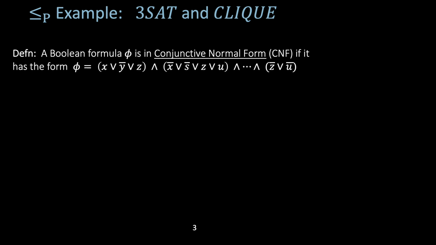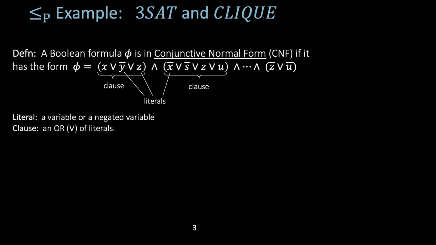So for example, phi is equal to (x or not y or z), separated by an AND to another clause, (not x or not s or ...), etc. The individual letters or the NOT of them are called literals, and the literals separated by the ORs are called clauses. And then we AND together those clauses.